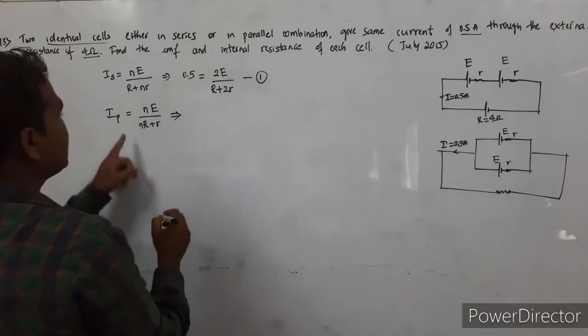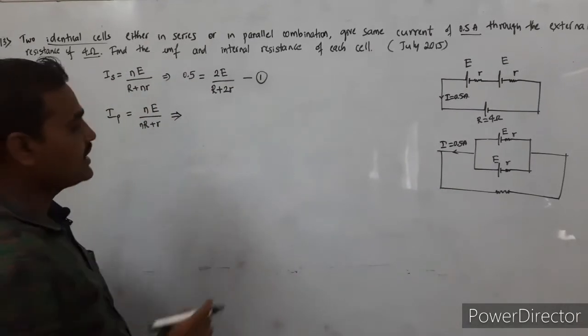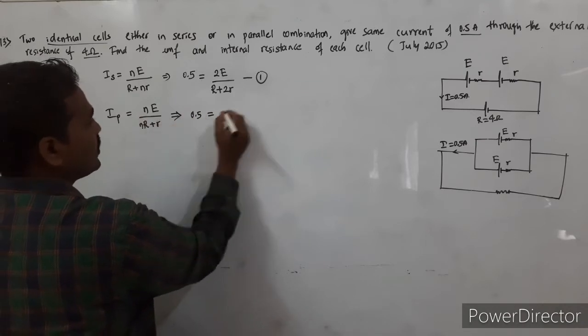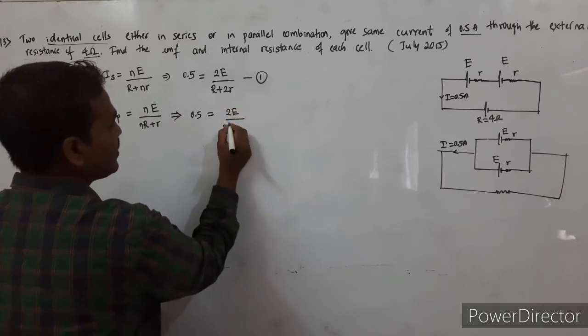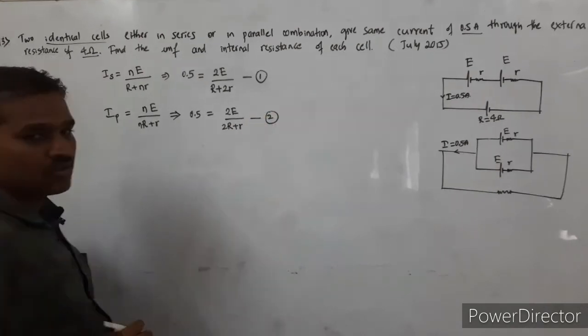Let us substitute the values here. In the second case also the current is 0.5 amperes. So 0.5 is equal to 2E divided by 2R plus r. Let it be equation number 2.